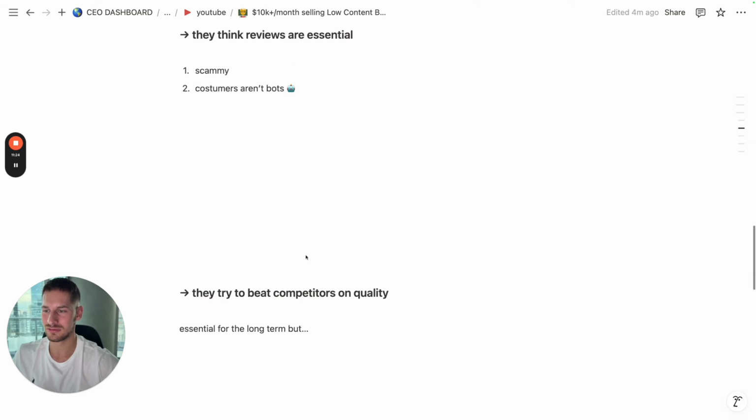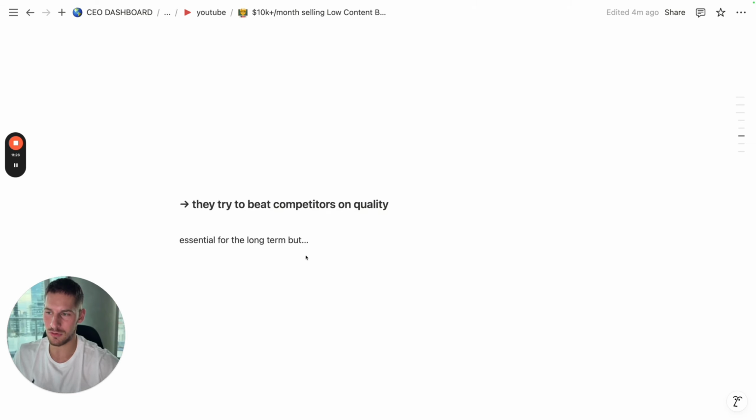Another thing common publishers try to do is beat competitors on quality. They see a book and think, oh yeah, I can make a better interior than this one, so I will do the same, copy it, and just because I have a better interior, people will buy it. No, guys, that's not how it works. Interiors are about 30% of the overall money that a book can make in the first year.